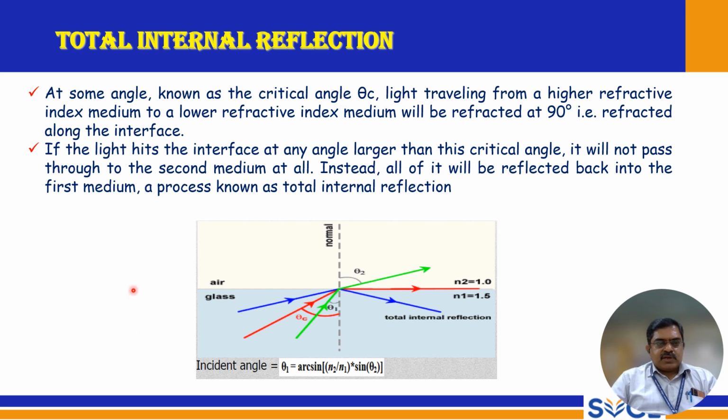Total internal reflection: at some angle known as the critical angle theta c, light traveling from a higher refractive index medium to a lower refractive index medium will be refracted at 90 degrees, that is, along the interface. If the light hits the interface at any angle larger than this critical angle, it will not pass through to the second medium at all.